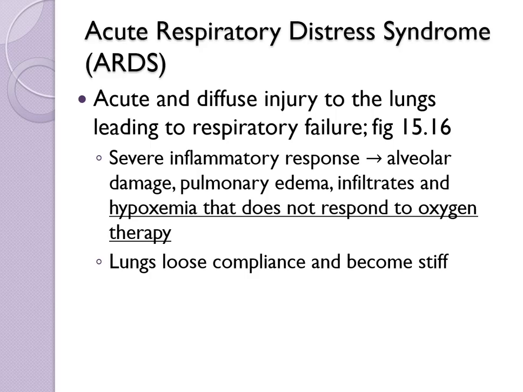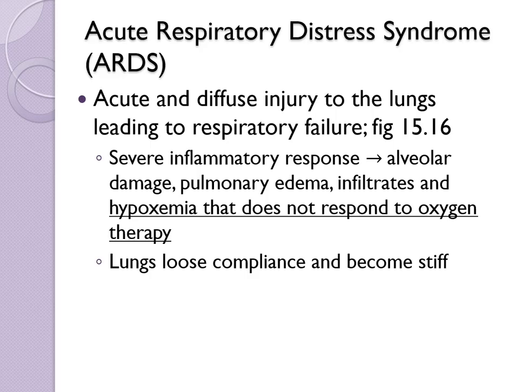Lastly, the lungs lose compliance. Your lungs have compliance, which is talking about how soft or how stiff your lungs are. If you think of a kitchen sponge and you get it wet and you can squeeze it and it's nice and soft, that's a normal lung.